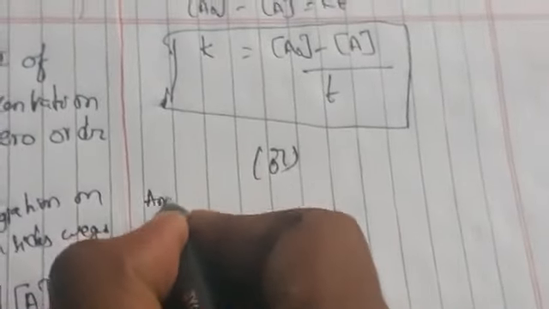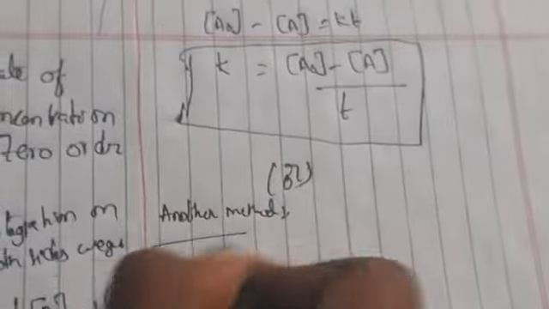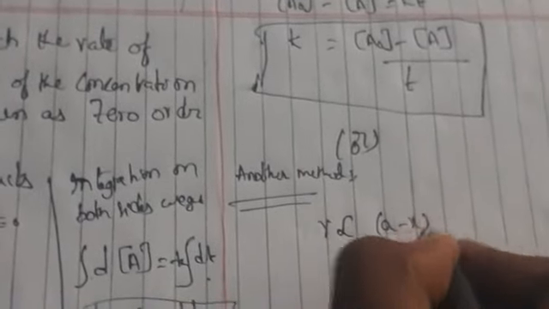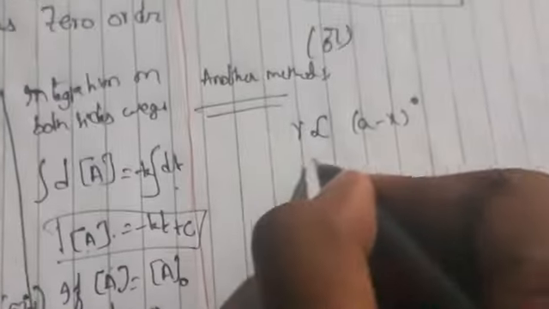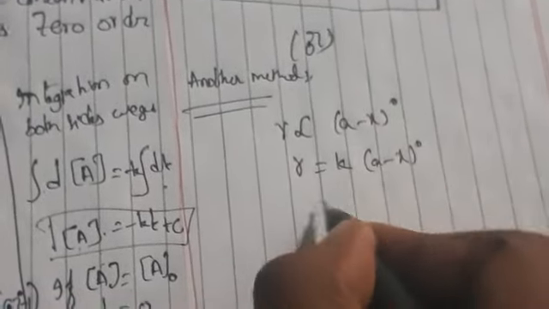This one we can also do in another way, another method, by applying initial conditions. Now let us see. R is directly proportional to A minus X to the power 0. So R is equal to K into A minus X to the power 0.